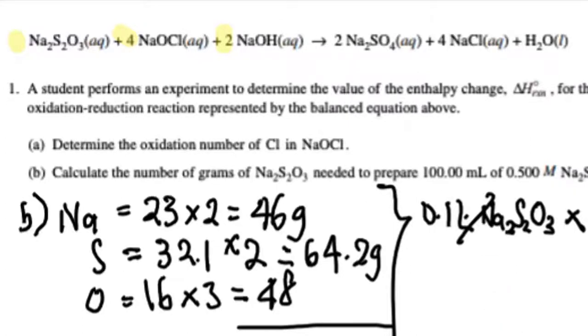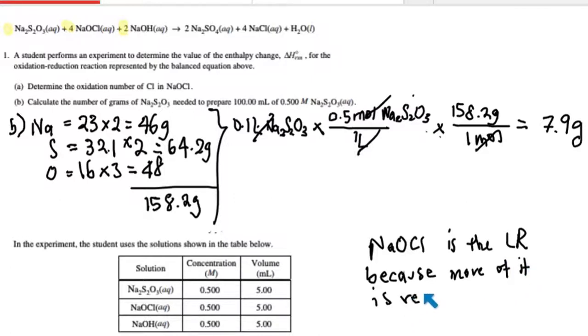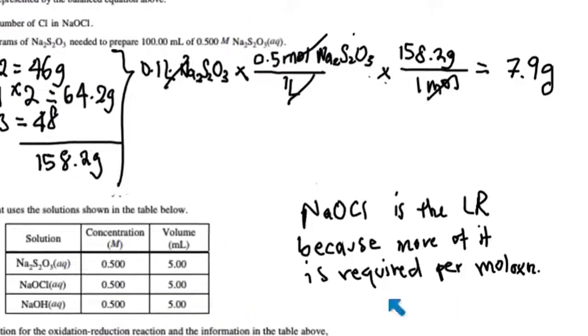So we could say that NaOCl is the limiting reactant because more of it is required per mole reaction. Therefore, it will run out first.